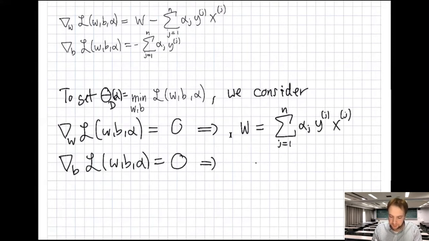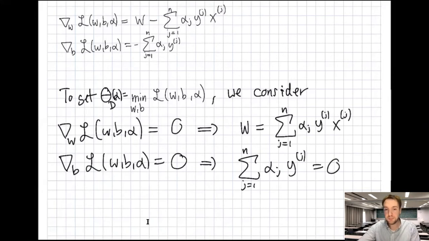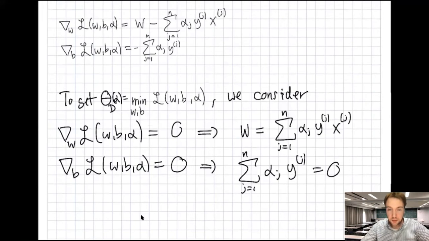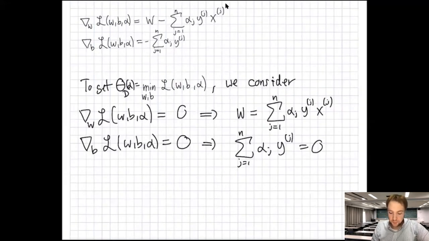And this here just means that this sum, j from 1 to n, alpha j, yj equals 0. So we get this explicit W here as a linear combination of these xj. And this we then want to plug in into this Lagrangian to get this theta d alpha.